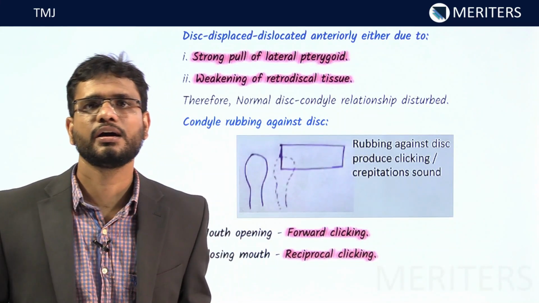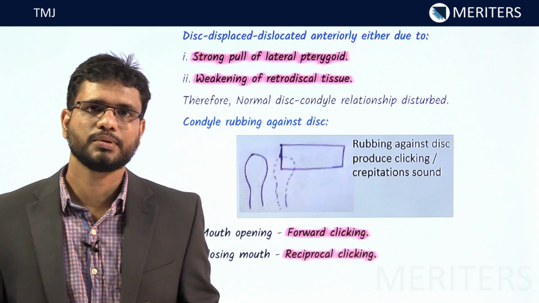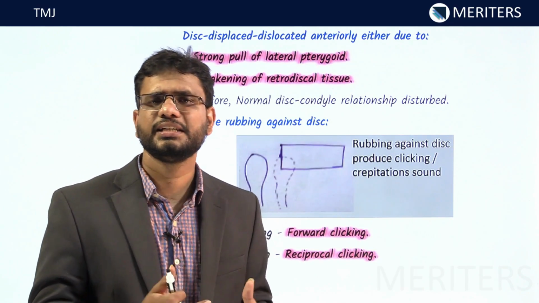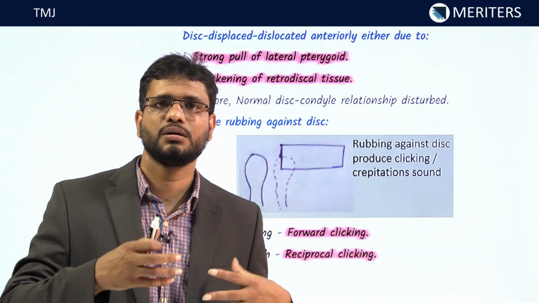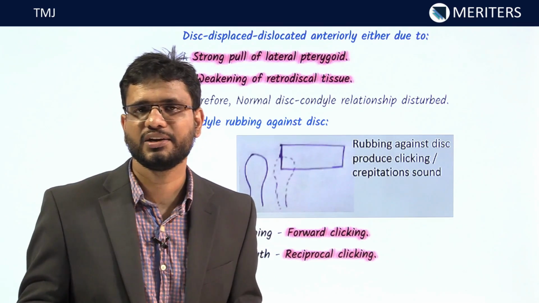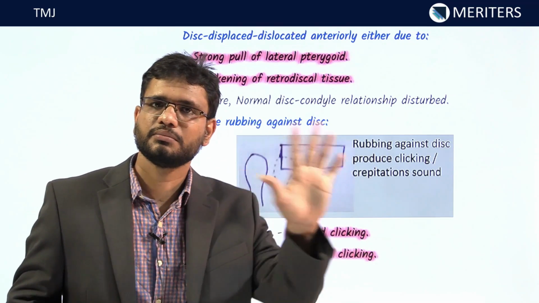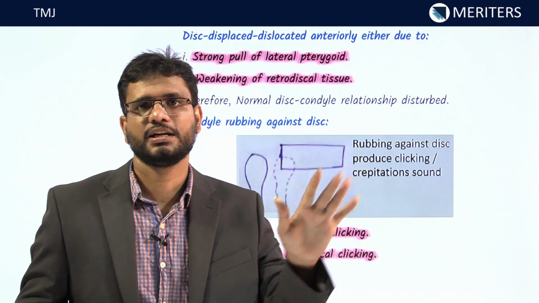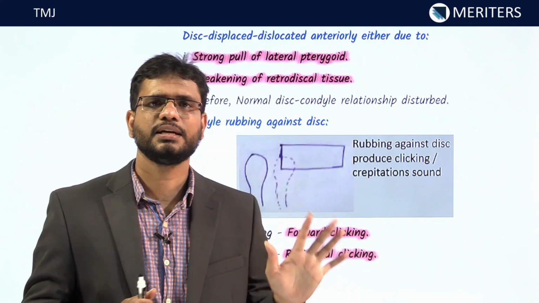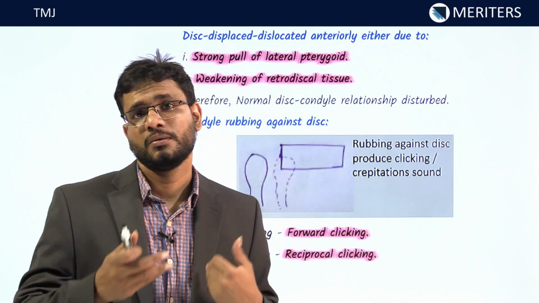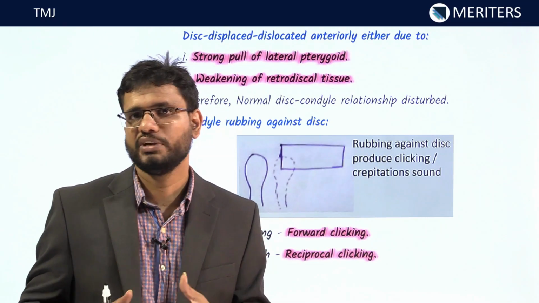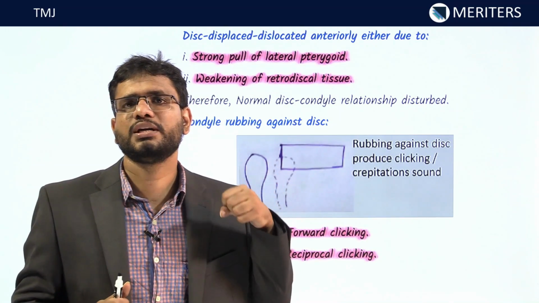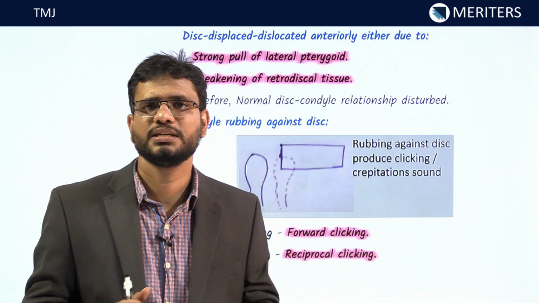Now, you have already heard about the anterior disc displacement. What do you think can be the cause of it? Yes, if there is a very strong pull of your lateral pterygoid, then the disc can be pushed anteriorly. Or another reason can be that the lateral pterygoid is having a normal pull, but your retrodiscal tissue is weak, so it is not able to recoil and hold the disc properly.